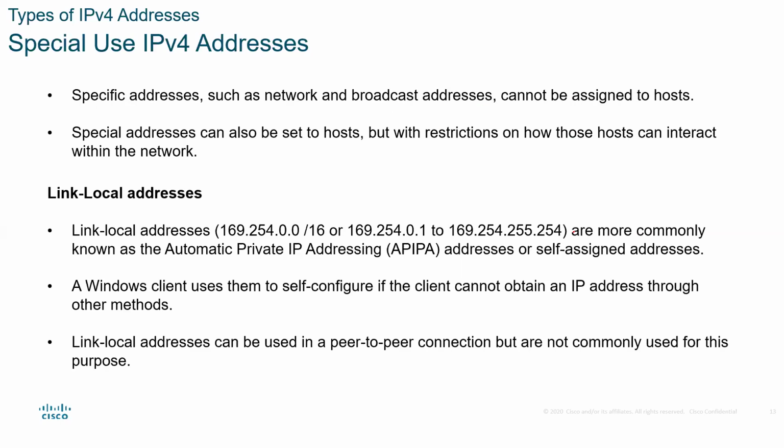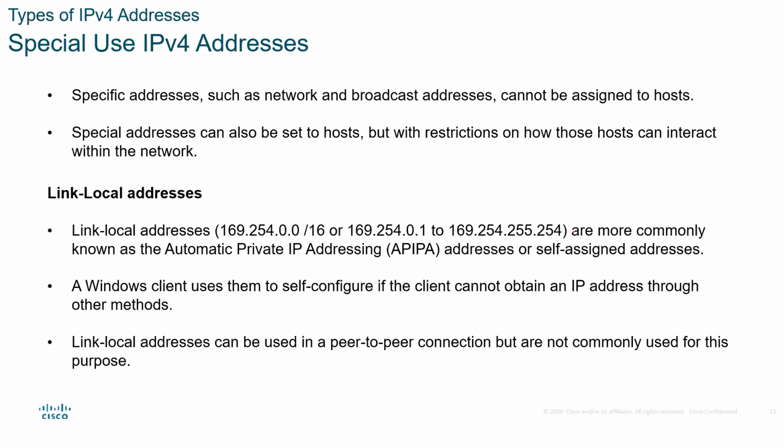Now, we have special use IP addresses for IPv4. When we say special use, they are IP addresses that are automatically given. We call them link-local addresses. They are more commonly given automatically by the operating system that you are using.